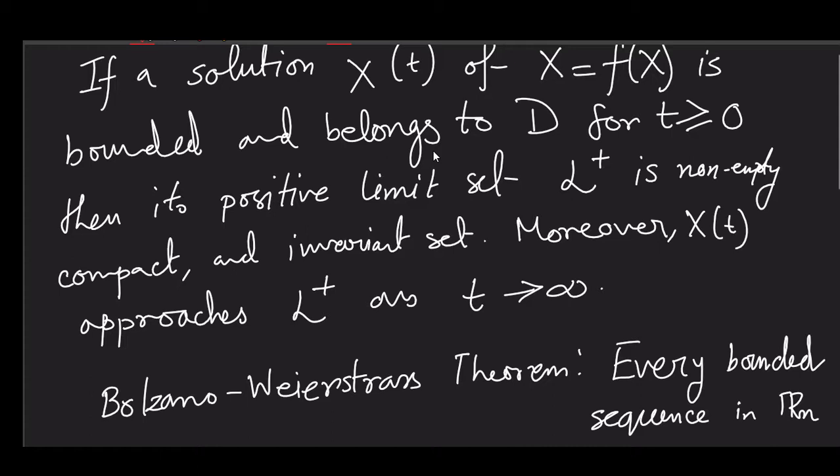You are breaking it into pieces, and when you take the subsequence, although there are infinitely many members in the sequence, n is close to infinity, so the value x(t), as t tends to infinity, tends to p.